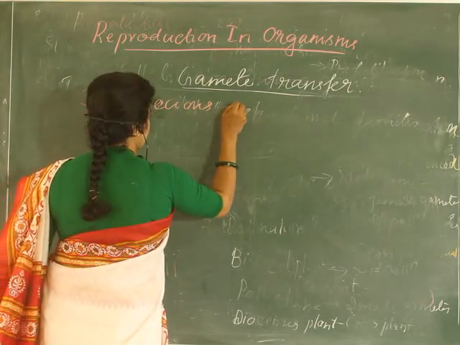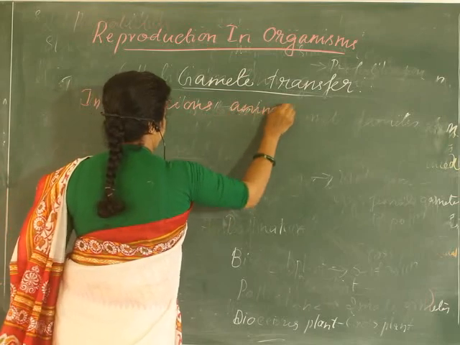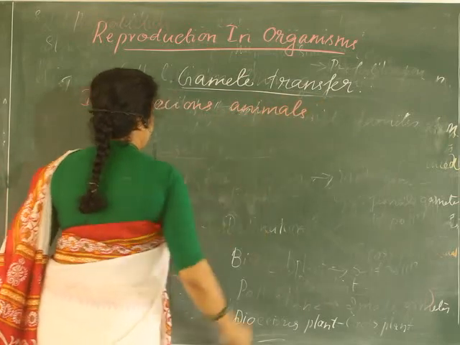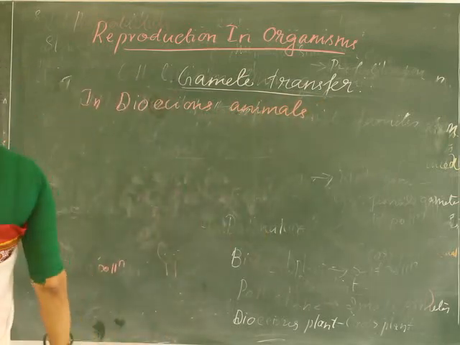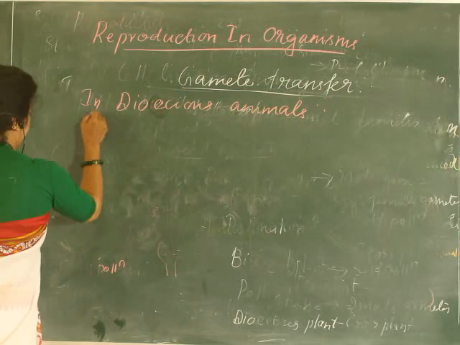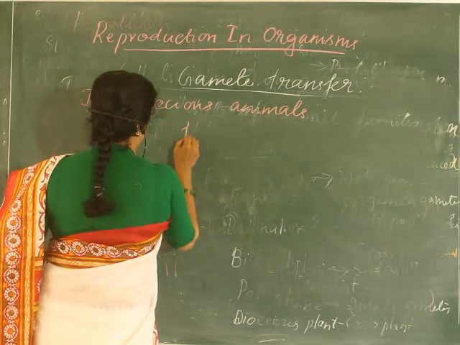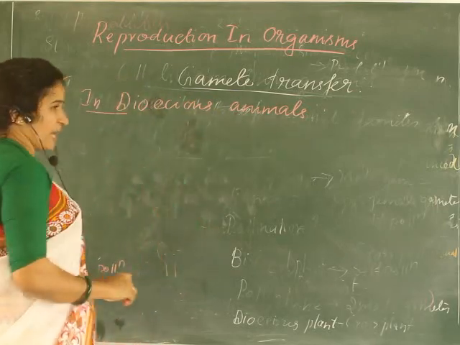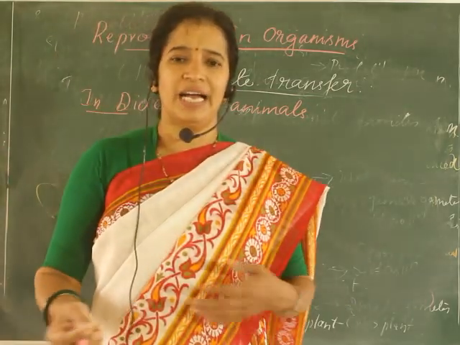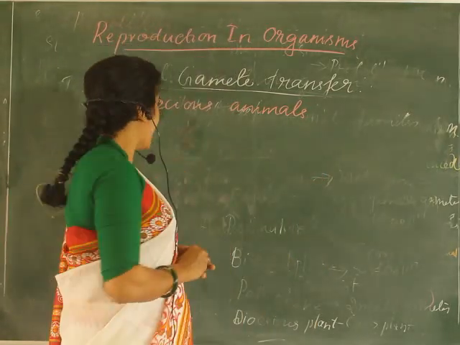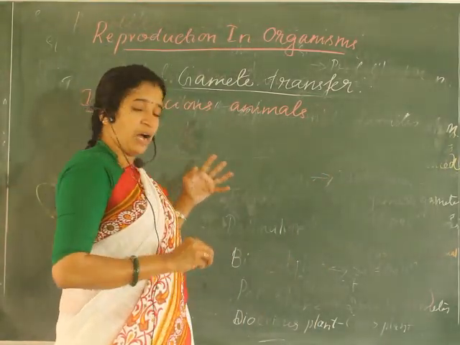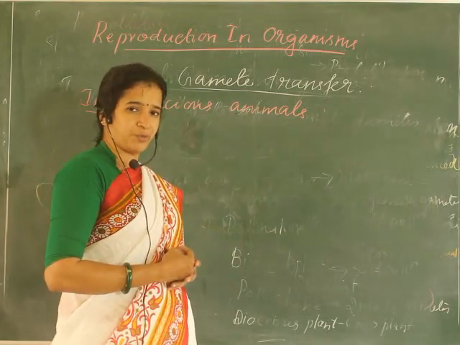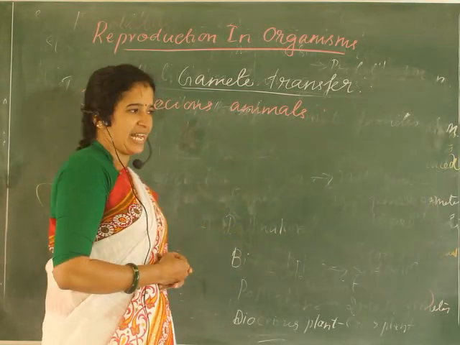In dioecious animals, the male and female gametes are produced in different individuals, and so they have to evolve a special mechanism to ensure the fertilization.